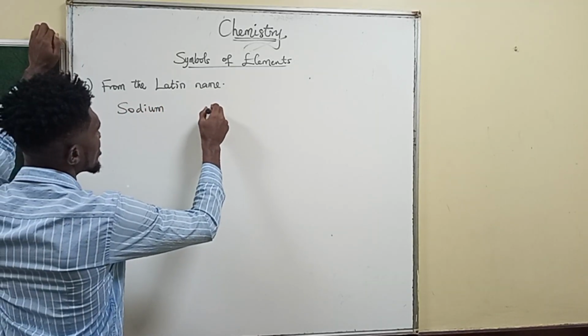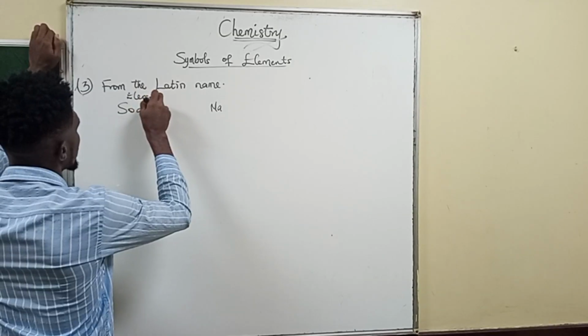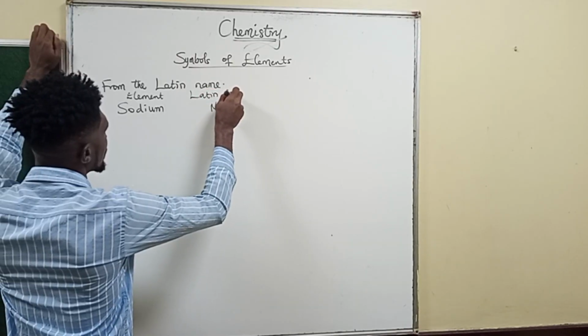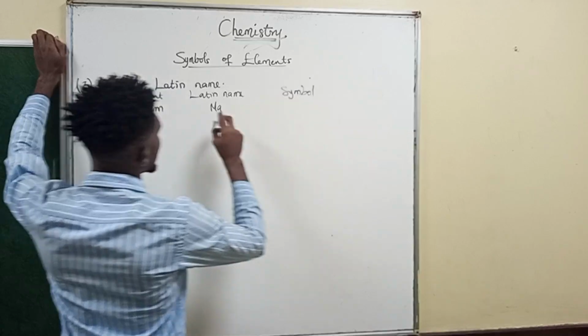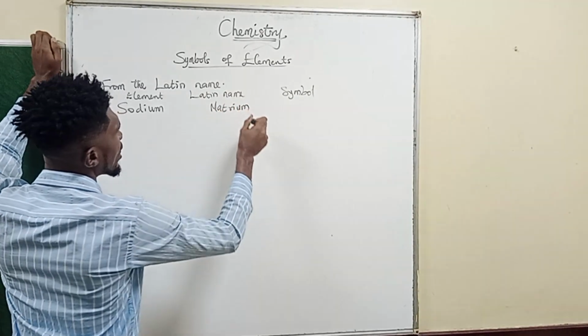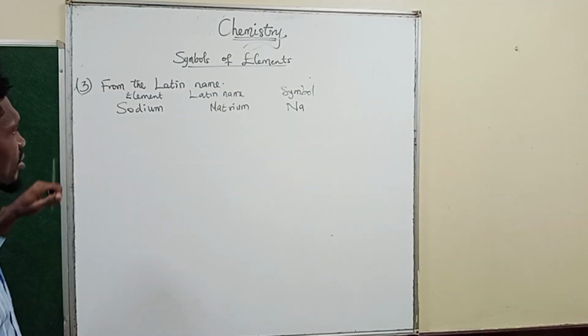The Latin name is what? Okay, let me give elements, Latin name, symbol. Okay, sodium is natrium. So we have what? Capital letter N and small letter A.